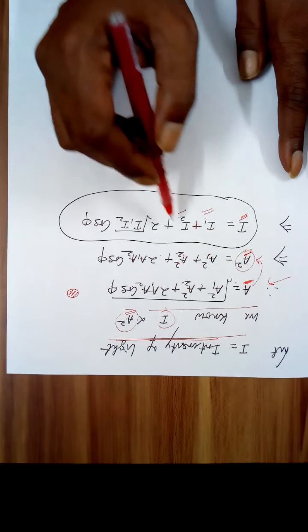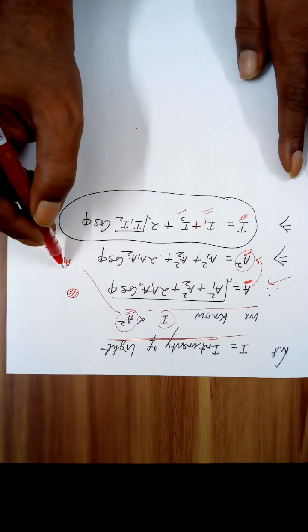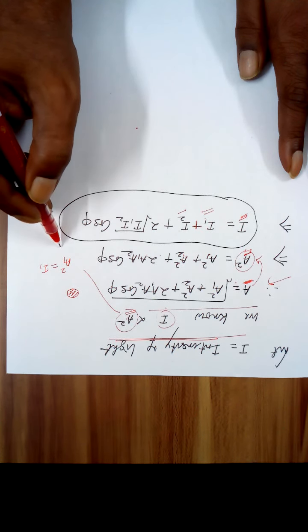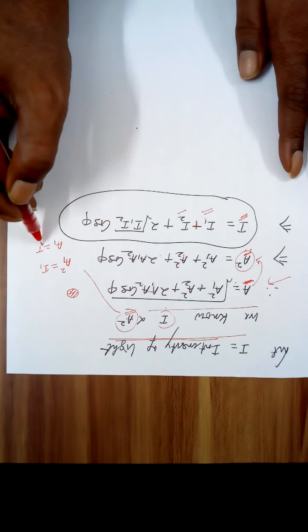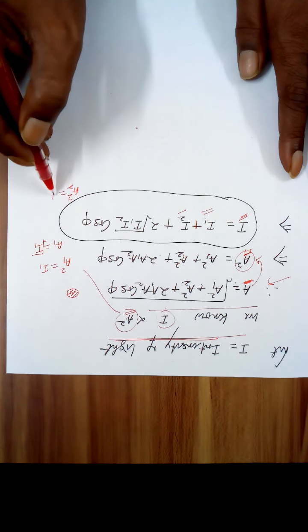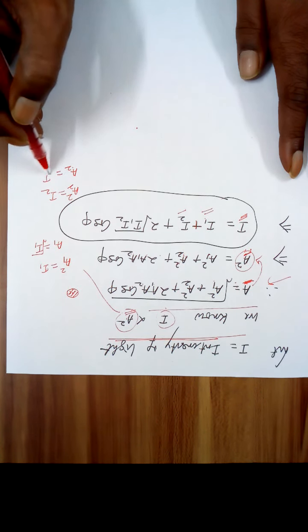Now from this, we know a1 square is equal to I1. Therefore, a1 will be equal to the square root of I1. Now, a2 square is equal to the intensity of the second one, so the amplitude of the second one will be the square root of I2.